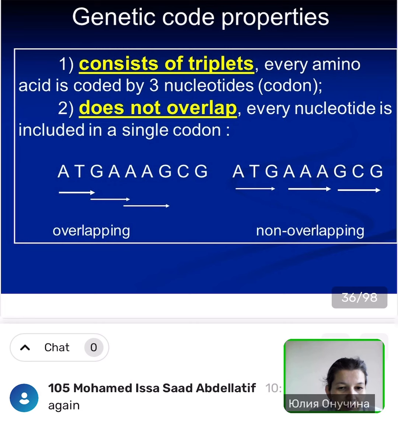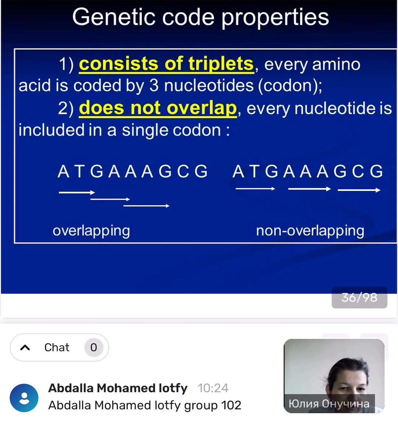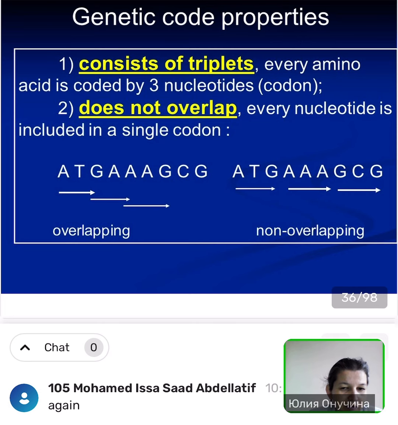ATG, you see the first codon, the next AAA, the next GCG in our slide. The same sequence in prokaryotic cells: you see that the first nucleotides came ATG, and the second codon overlaps.